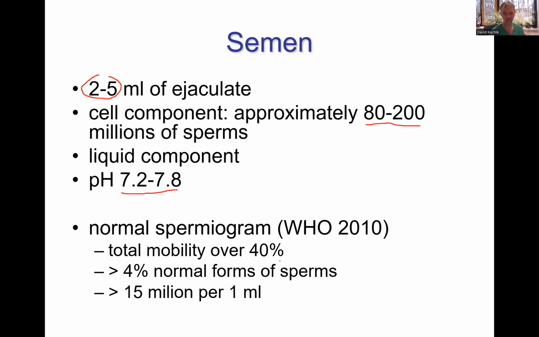A normal spermiogram should contain at least 4% of normal sperms, and there should be at least 15 million sperms per 1 milliliter.